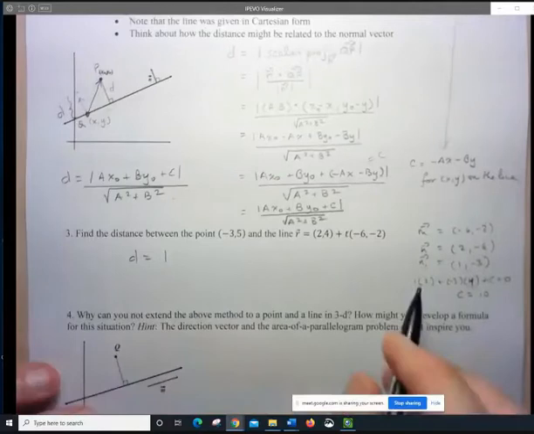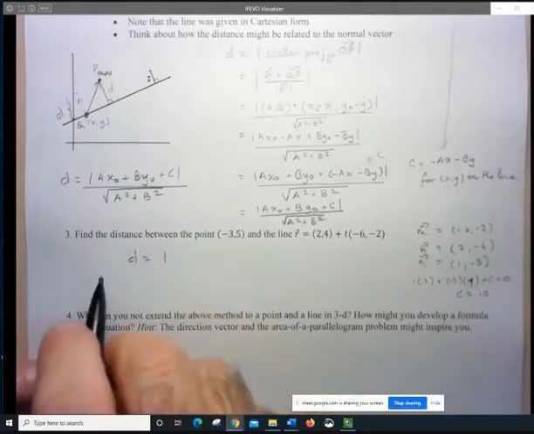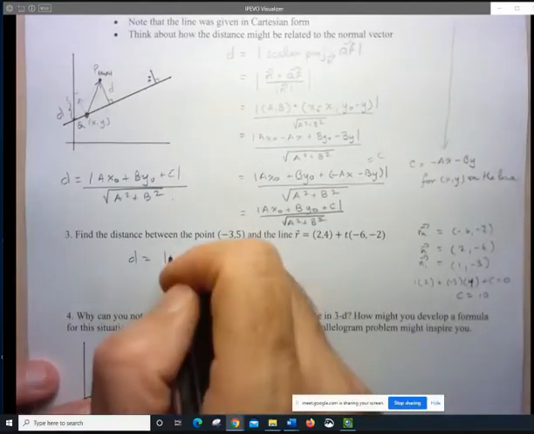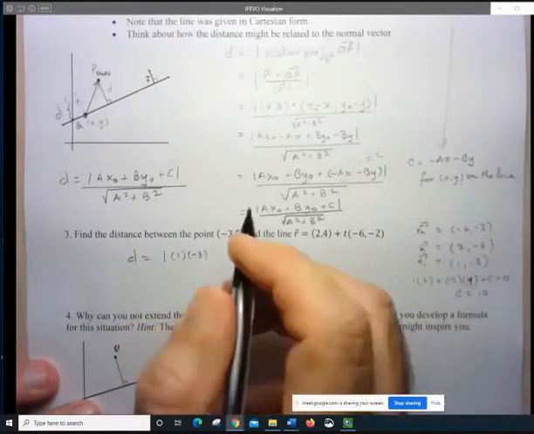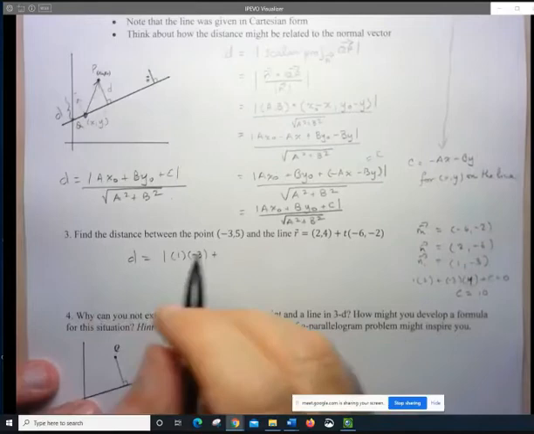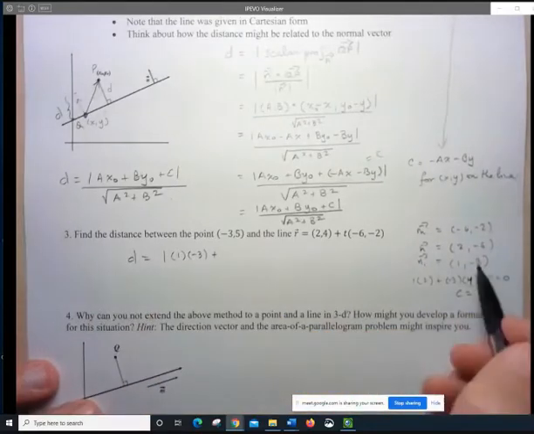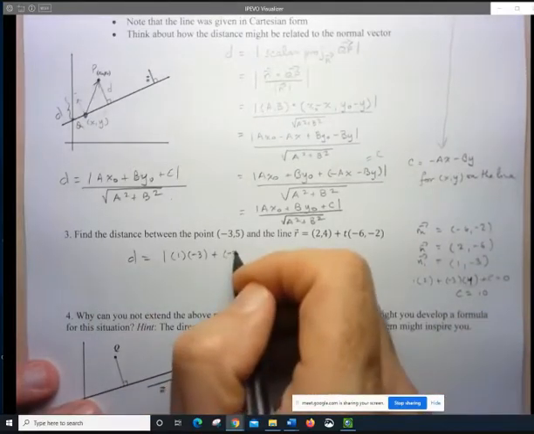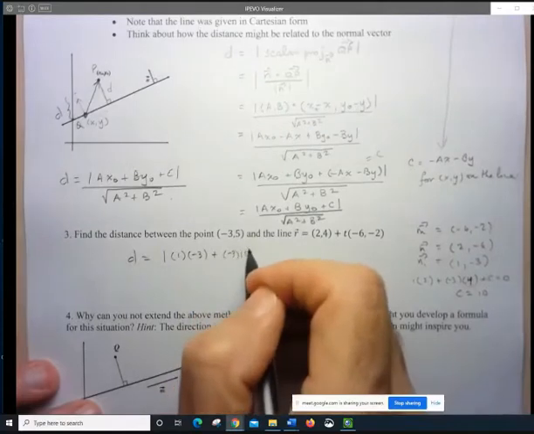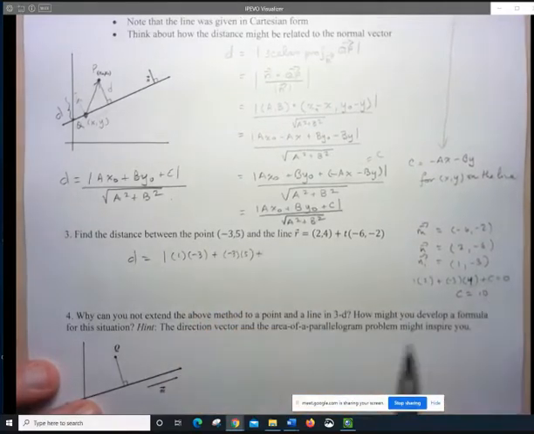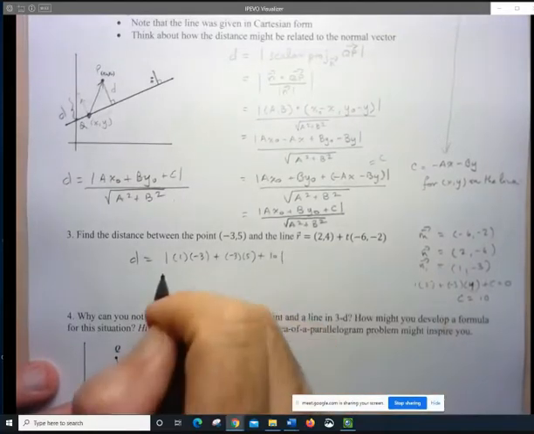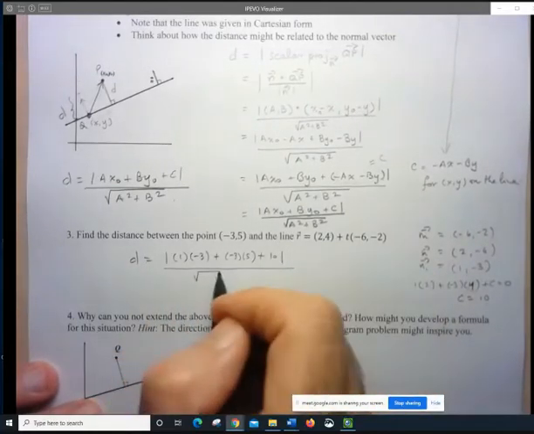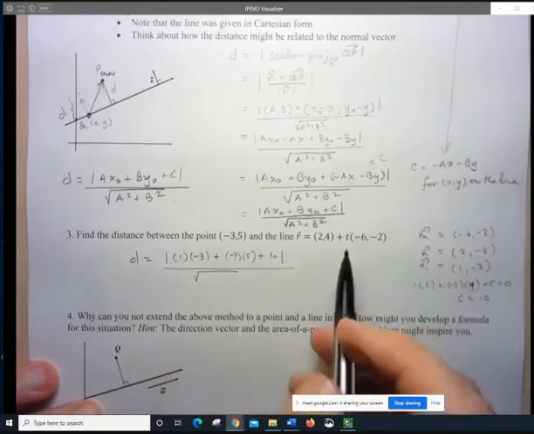And so now I can use my formula. Okay, so it's a times x naught, which is -3, plus b, which is -3, times my y value, 5, plus c, which we just determined was 10. Okay, all over the magnitude of, where's a and b?